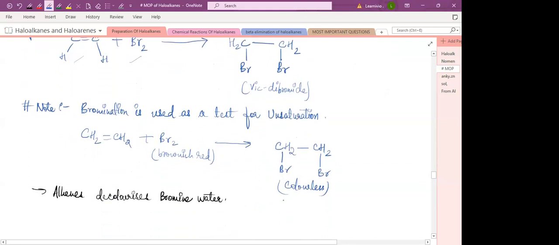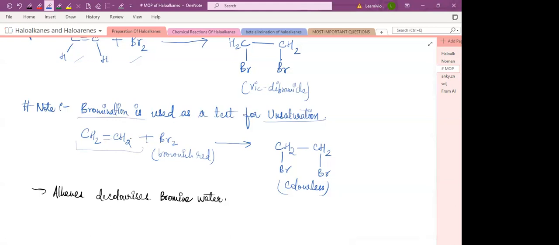And one more importance of this reaction, a method of preparation, is that bromination is used as a test of unsaturation, whether your compound is unsaturated or saturated. Suppose your compound is unknown and you don't know whether it is unsaturated or saturated.